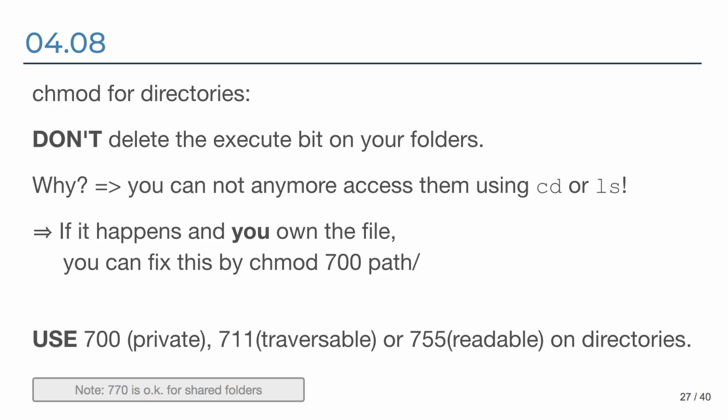That's because cd and list are in the end programs, and they need execute permission to go to your folder or read its contents. So if you encounter a problem where you cd somewhere and you're sure this is your folder, you own this folder, and you can't get into it, this could be a permission problem. You should change it by using chmod 700 path to solve this issue.